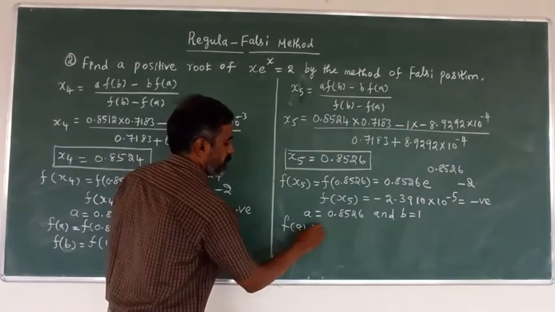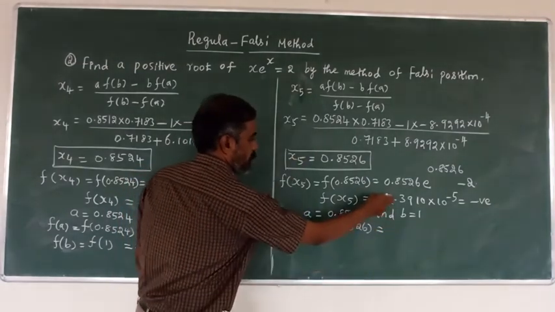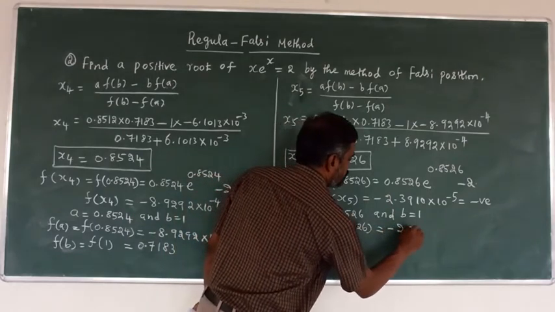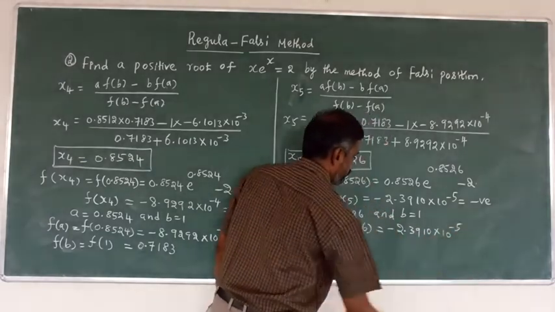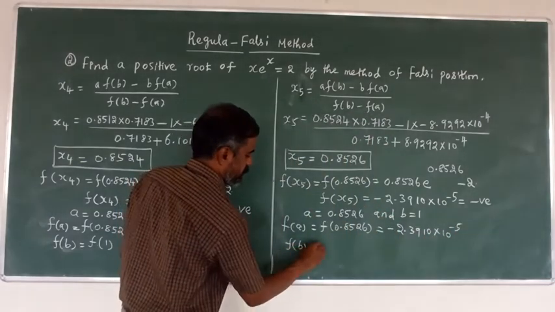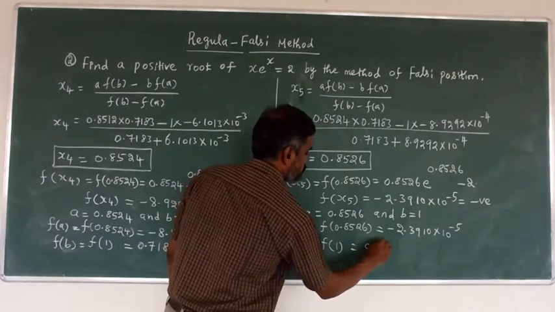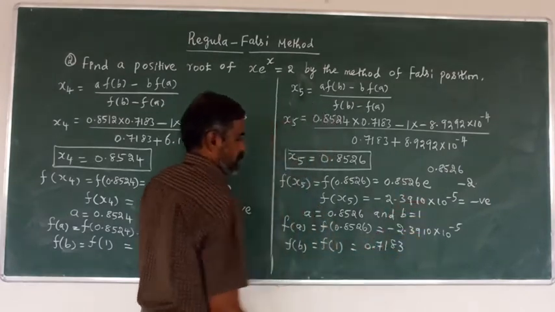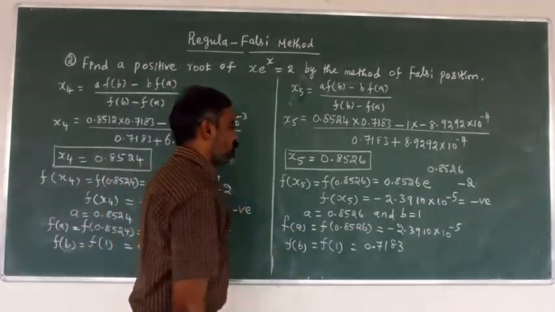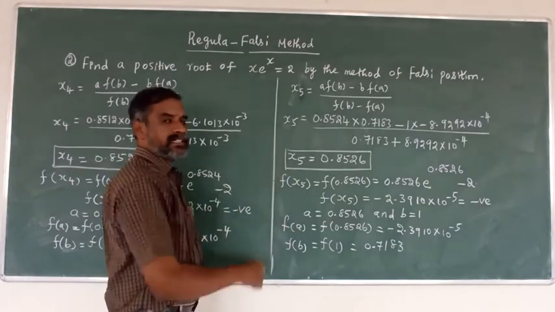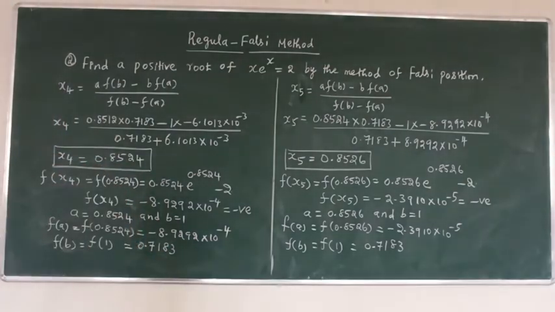Now to find out f of a value 0.8526, we already got the result, minus 2.3910 into 10 to the power of minus 5. Next to find out f of b value 1, f of 1 equal to 0.7183. Now a value, b value, f of a and f of b, all the values substitute in x6, sixth iteration.